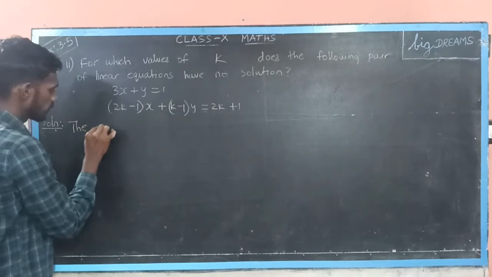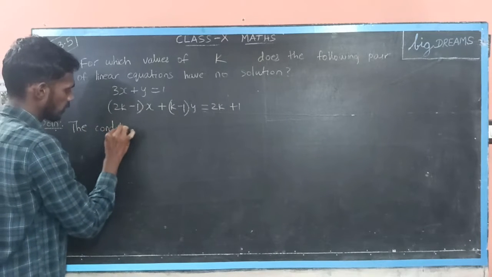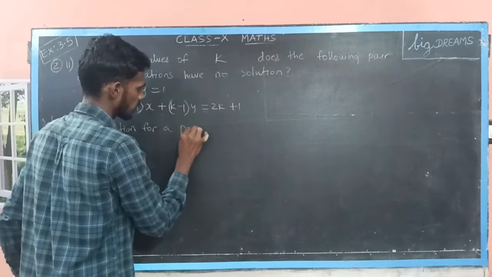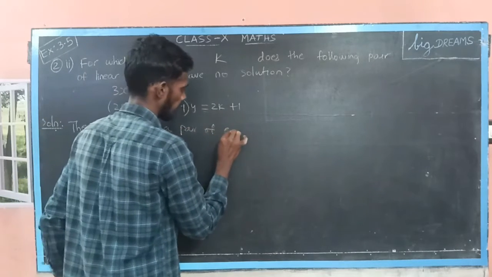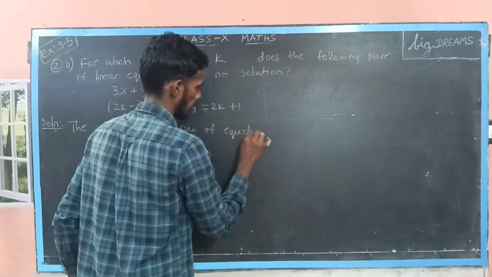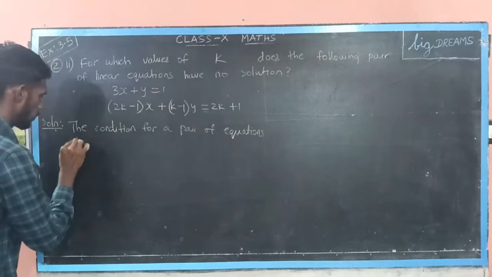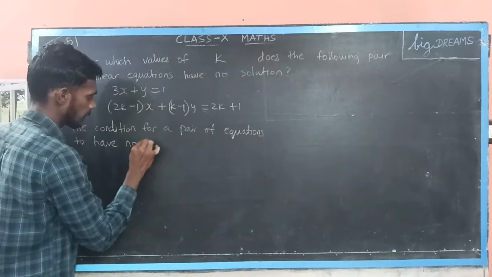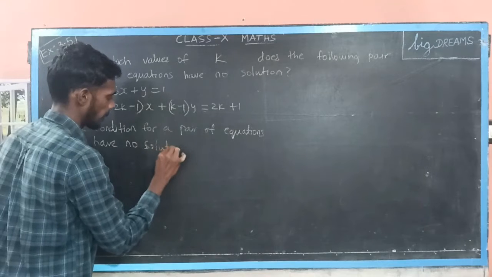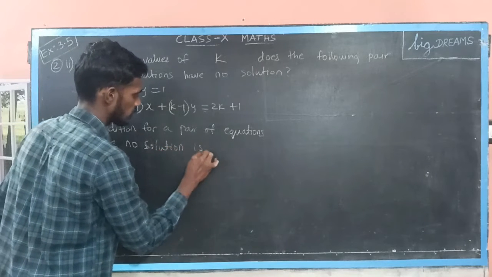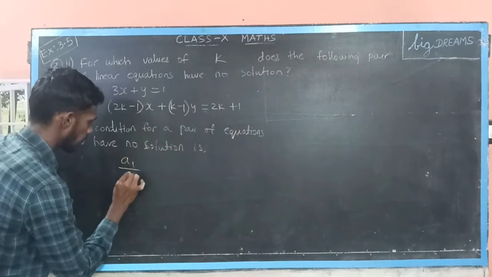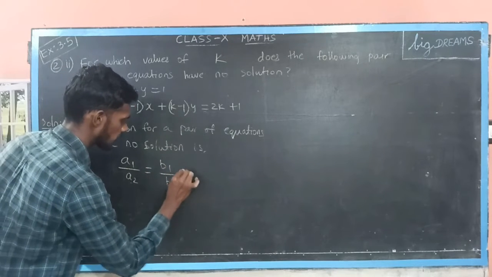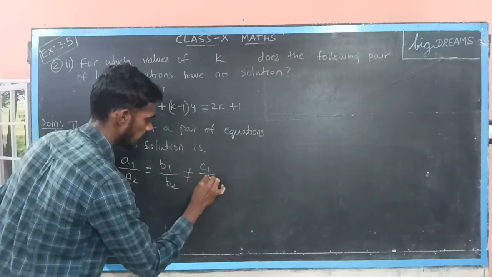The condition for a pair of equations to have no solution is a1 by a2 is equal to b1 by b2 is not equal to c1 by c2.